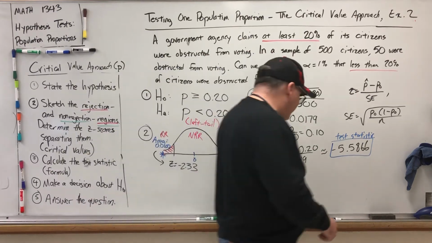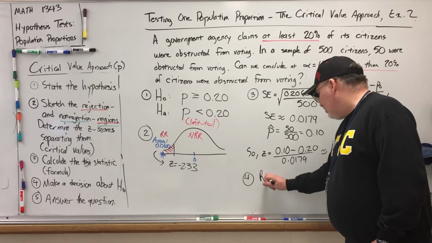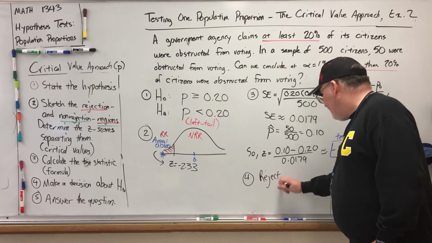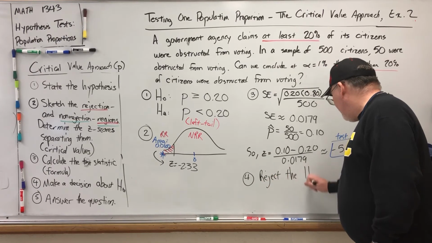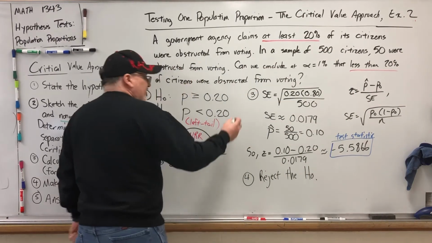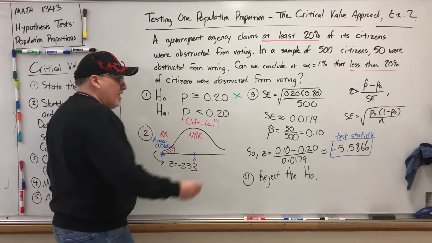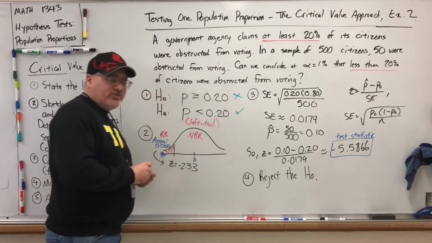And because our test statistic landed in the rejection region, our decision is to reject the null hypothesis. So mentally, what we're thinking is, null hypothesis, you have been rejected. Our evidence is strong enough to reject you and replace you with the alternative hypothesis.